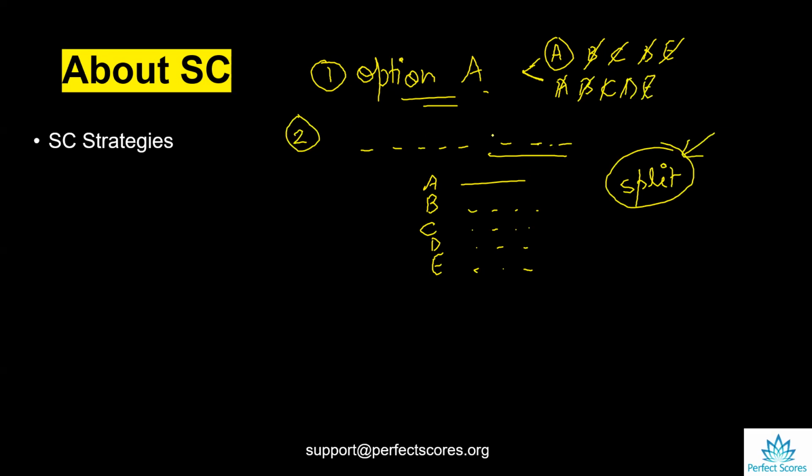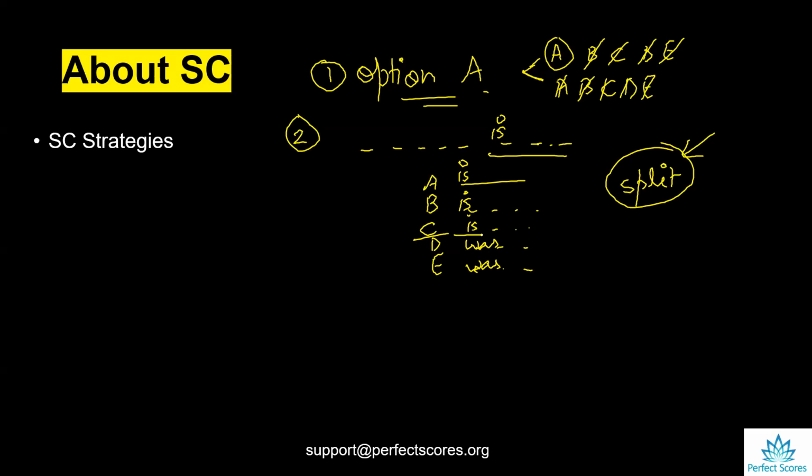Let's suppose that this underlined part of the sentence began with the verb is. A is starting with is, and let's say B is also starting with is, and C is also starting with is, and D and E start with was. Now, in longer sentences, this 3/2 split is difficult to identify, but these splits are always there, and you'll be able to solve a lot of questions based on that.